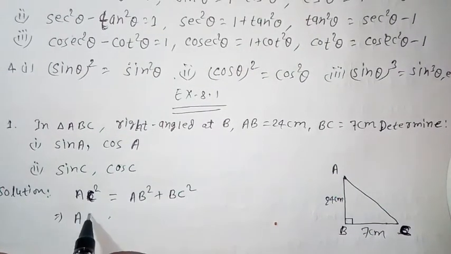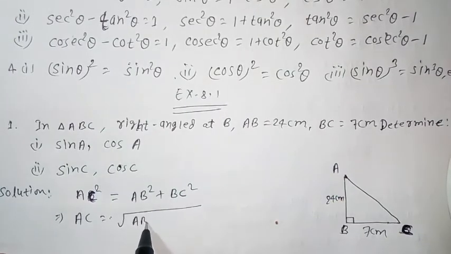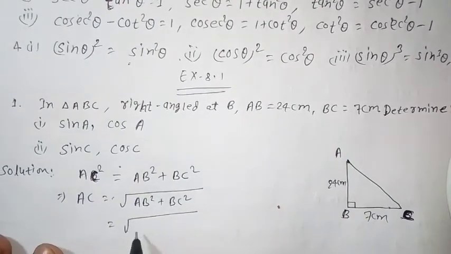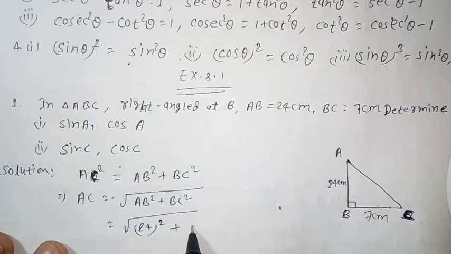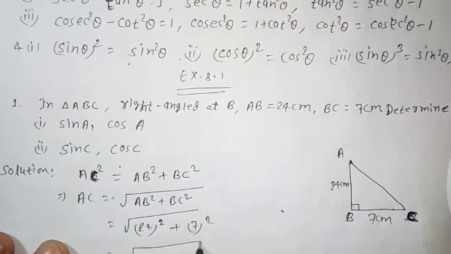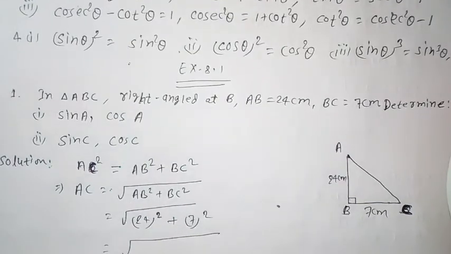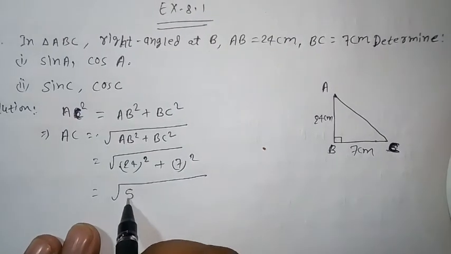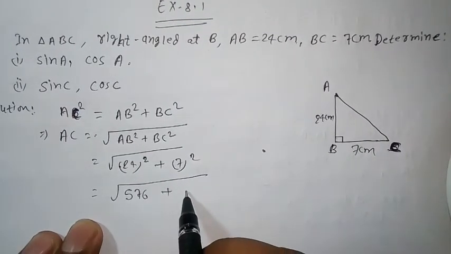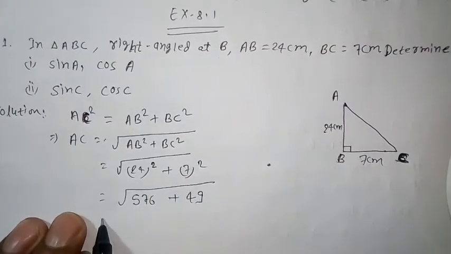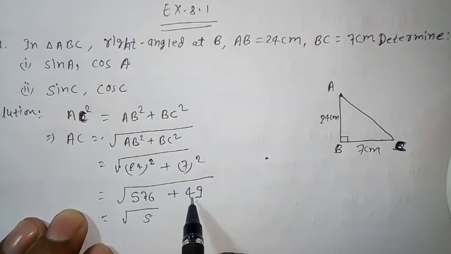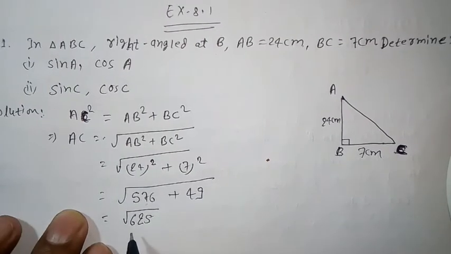This implies AC is equal to root under AB square plus BC square, is equal to root under 24 to the whole square plus 7 to the whole square, is equal to root under 576 plus 49, is equal to root 625.